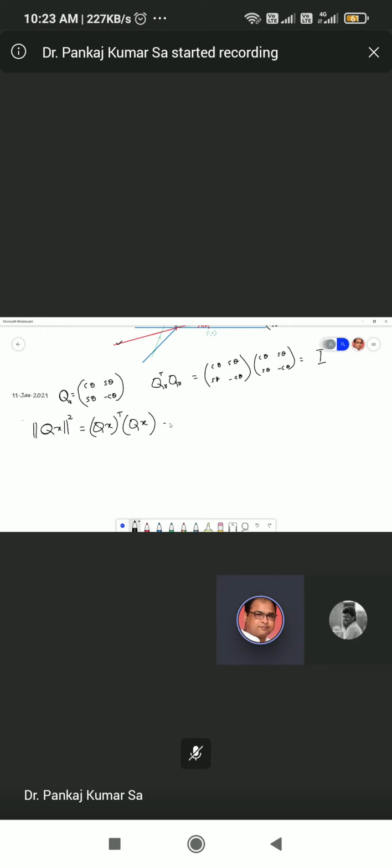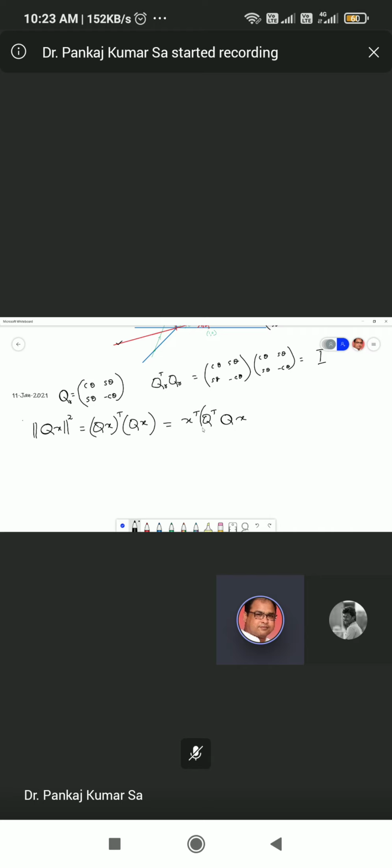And I need not say that (QX) transpose is equal to X transpose Q transpose, multiplied by QX.